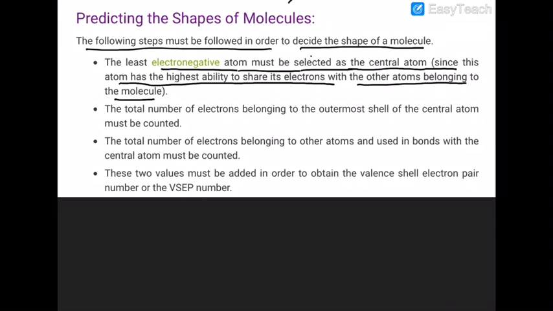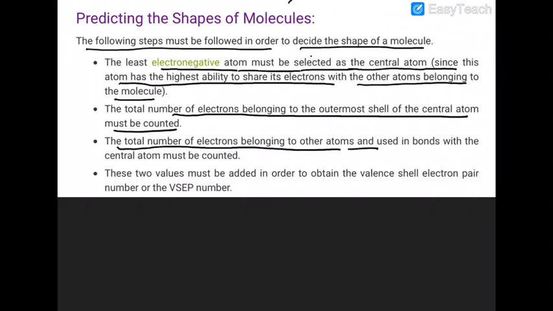The total number of electrons belonging to the outermost shell of the central atom must be counted, and taken into account very seriously. Next, the total number of electrons belonging to the other atoms that are used in the bond with the central atom must be counted.